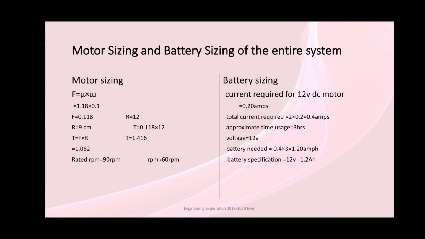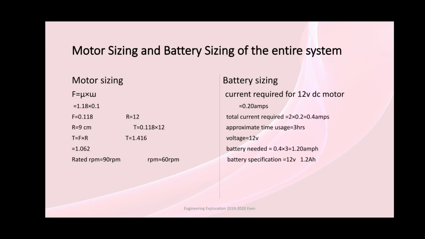Motor sizing. For our course project, we require 2 DC motors. For that, we have calculated force and perpendicular distance. Hence, we calculated torque. For the first motor, the force is 0.118 Newton and the perpendicular distance is 9 centimeter. So the resulting torque is 1.062 Newton centimeter.